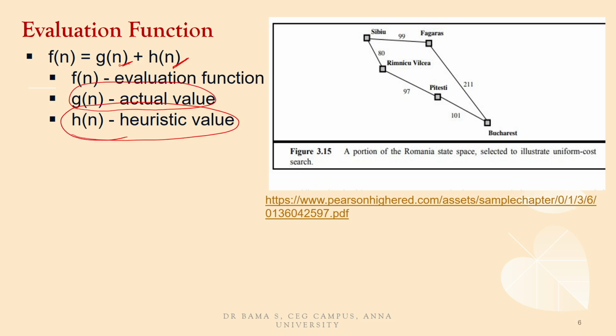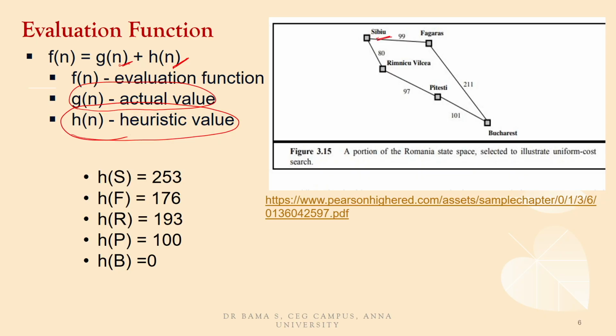Suppose you take this example here, the same example that we did for uniform cost search. This is S, here it is F, here it is R, P and B. The heuristic value is given here: 253, 176, 193, 100 and B. Always the heuristic value of the goal is going to be 0, h of B is 0.